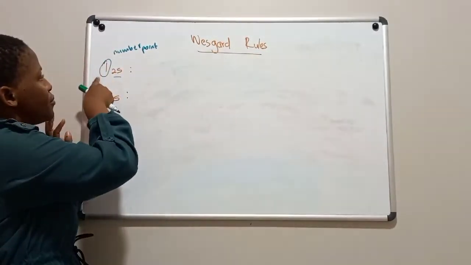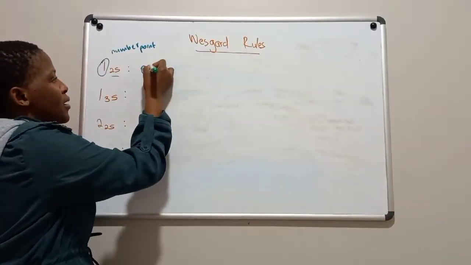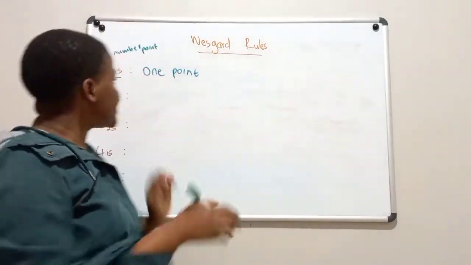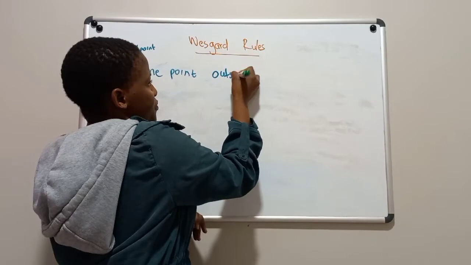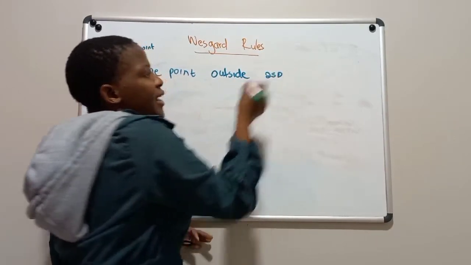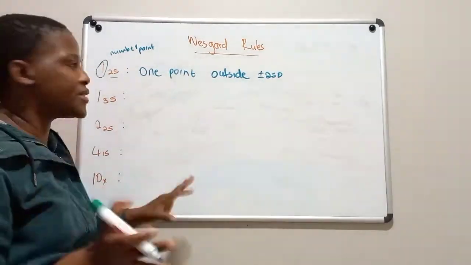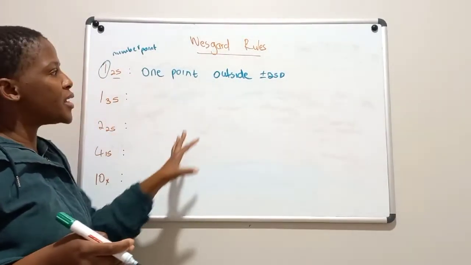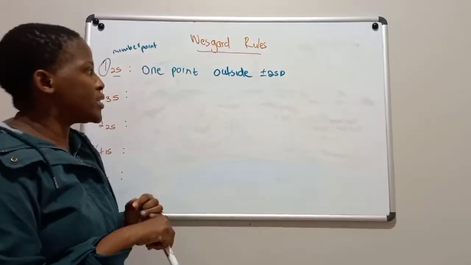So what this first rule means is that there is 1 point outside 2 SD. It can either be plus 2 SD or minus 2 SD. That's how easy you can remember the Westgard rules.